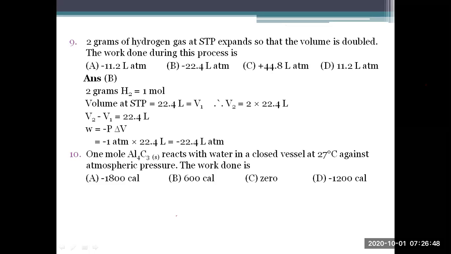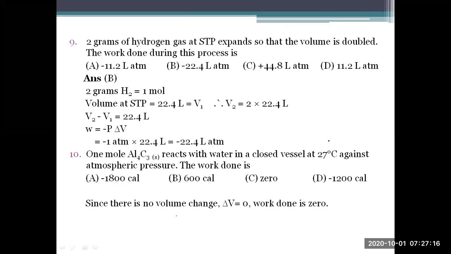That is the hint I can give you. Okay, I'll give one more clue. Look at the vessel. What kind of container? Not insulated. Just closed. That's all. Sir, 0. Why? Because volume doesn't change at all. Very good. That's the correct answer.